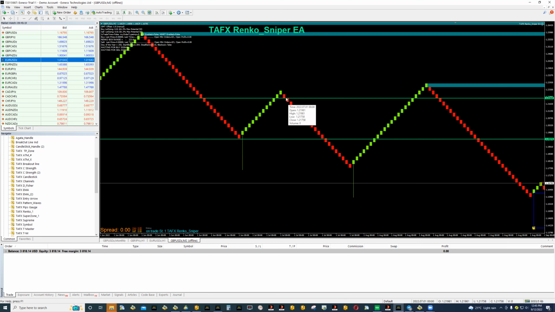So if the previous brick closes and the price exceeds by 100 points, that's when it will open with the second price. This is why it is impossible for another brick to be equivalent to this one.